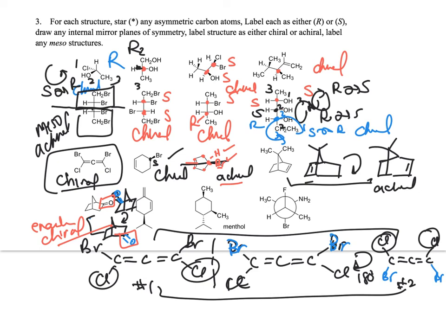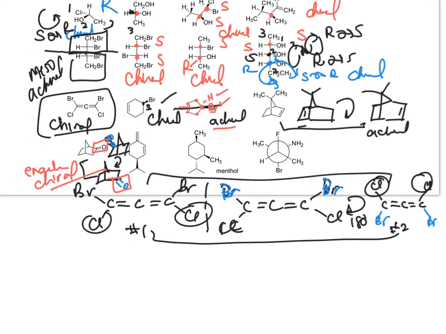Okay, so our next compound is this compound here. And if you do your assignment, you'd see that this is chiral. So where's your asymmetric carbon?